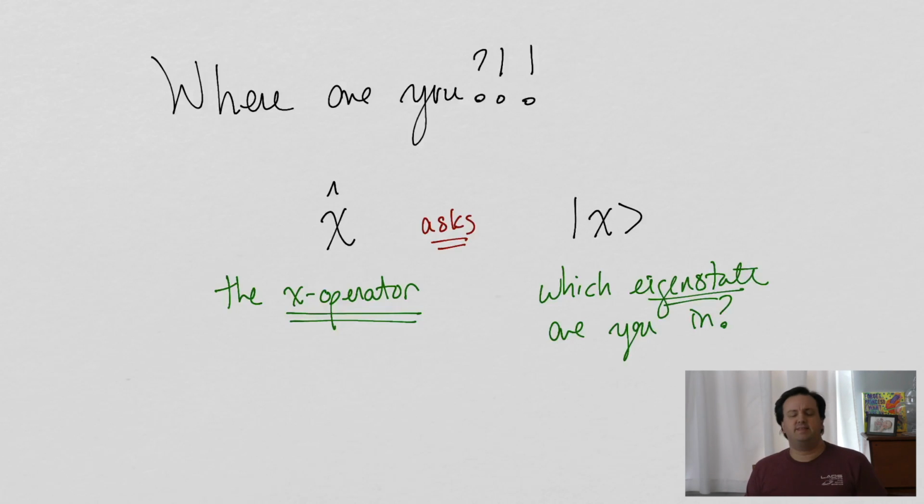Okay. And this is a question that we've been skirting around, right? Because we've even talked about measuring the spin in some Stern-Gerlach apparatus, but we've skirted around the idea of, well, where is that apparatus? If I detect a particle in a scintillator, I'm asking the question of, where is that particle? The question is, where are you?